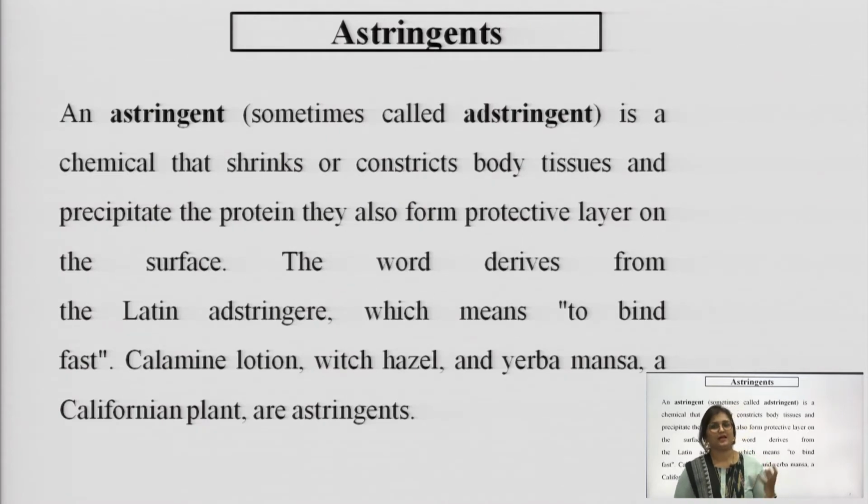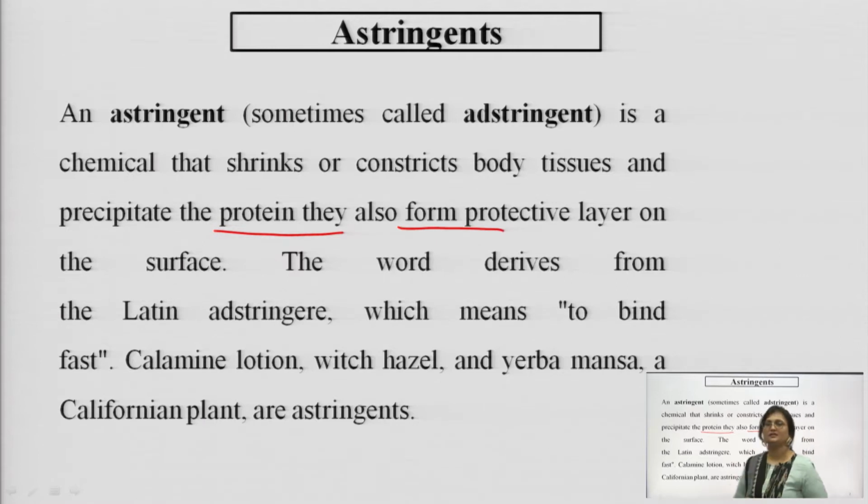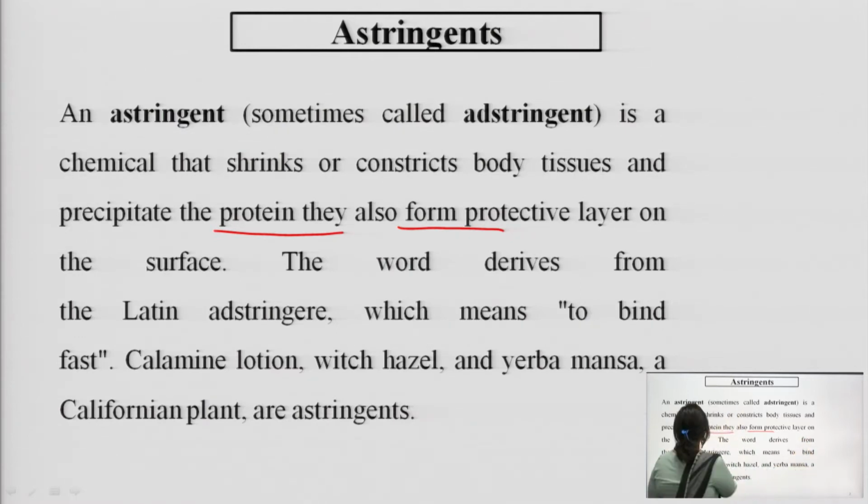They have a shrinking or constricting effect on the tissues of our body. They precipitate protein, they lead to protein precipitation. They also form a protective layer on the surface of our body.